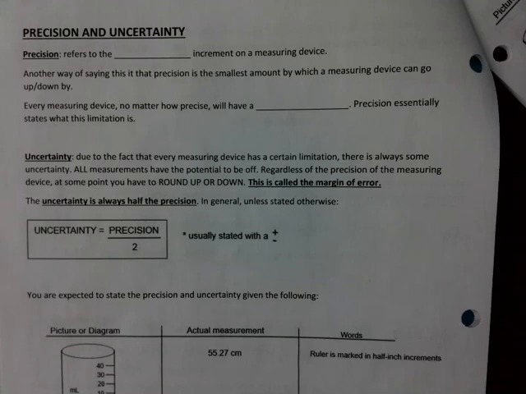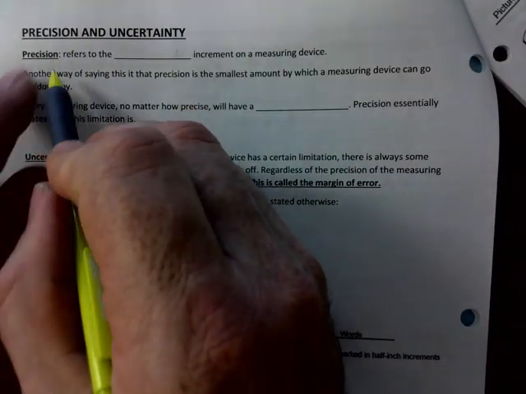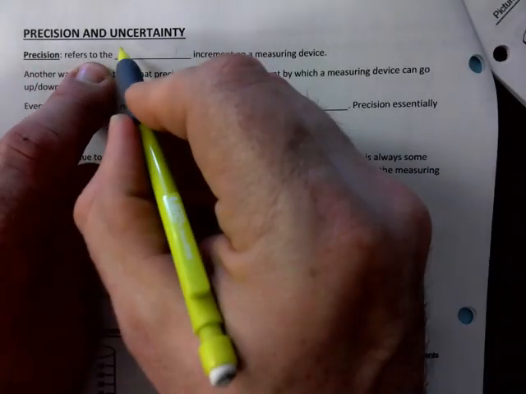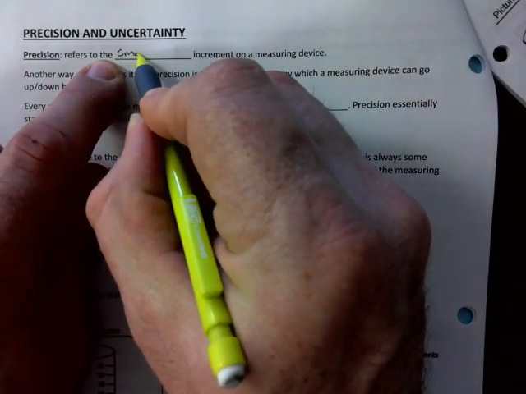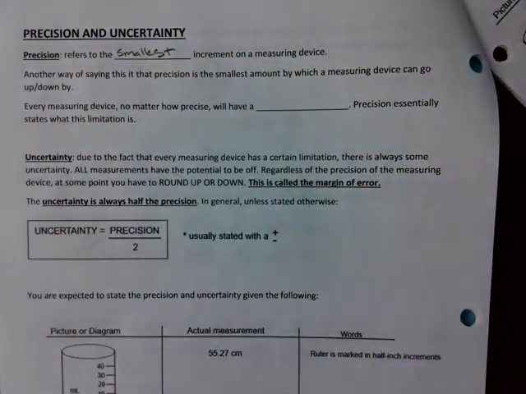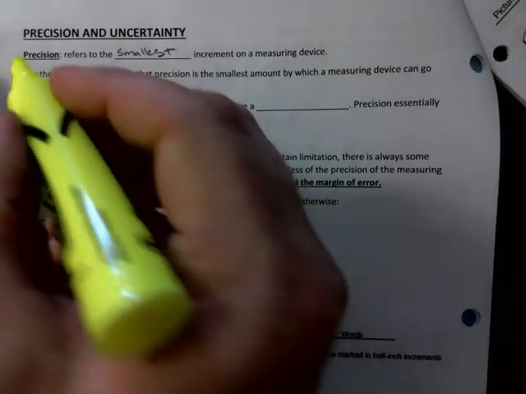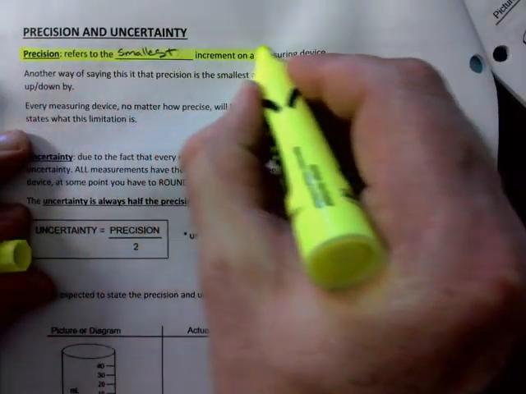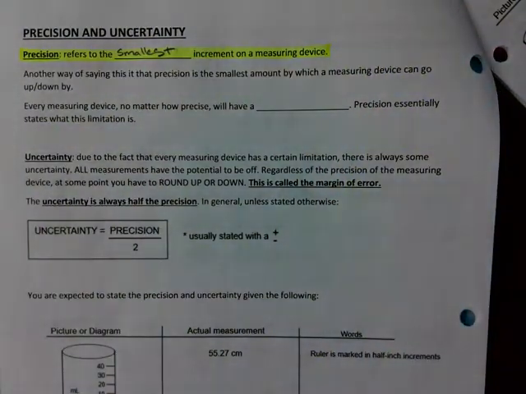Precision and uncertainty. Folks, from now on, every measurement has these two. So what is precision? Precision refers to the smallest increment on a measuring device. I'm going to ask you to highlight this and add it to your study sheet.